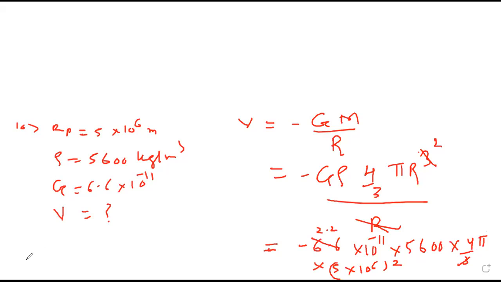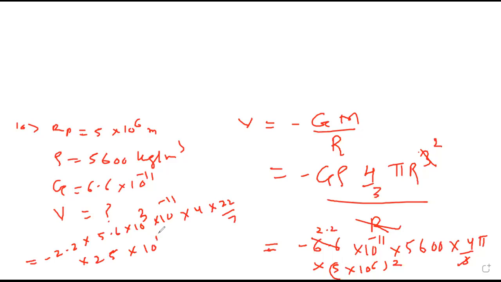So we get minus 2.2 into 5.6 into 10 raised to 3, into 10 raised to minus 11, 4 into pi 22 by 7, into 5 square 25 into 10 raised to 12.